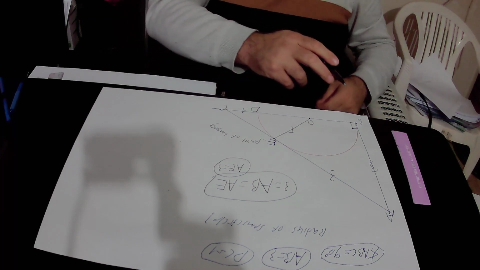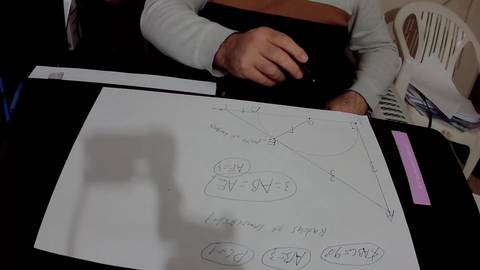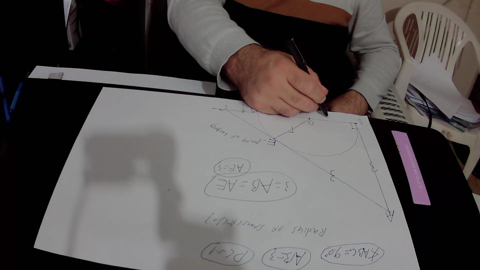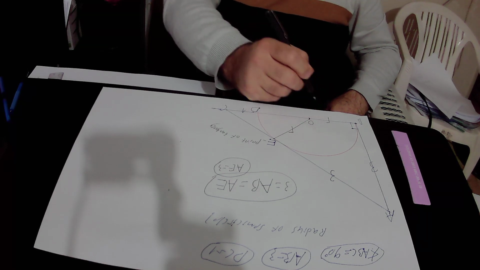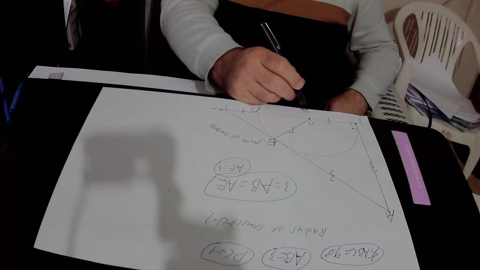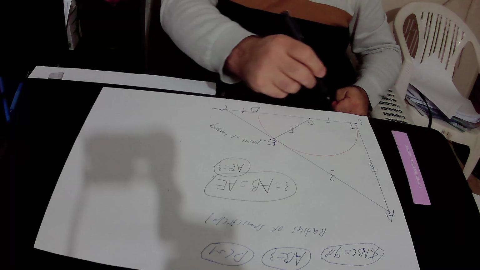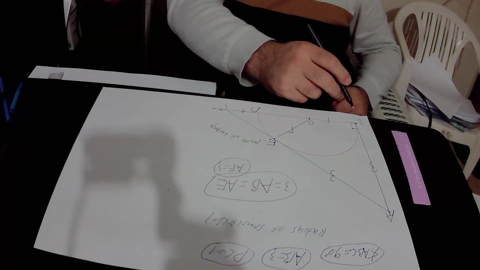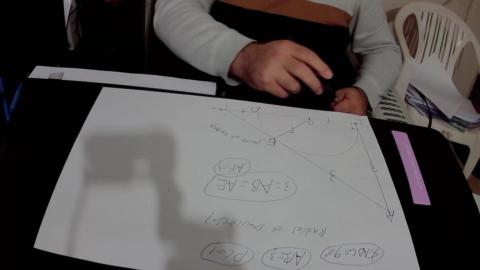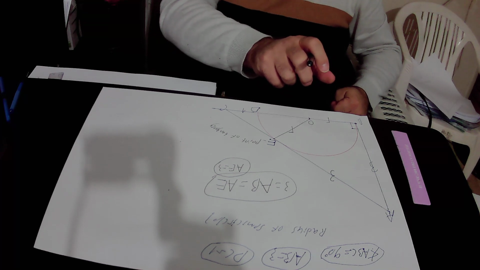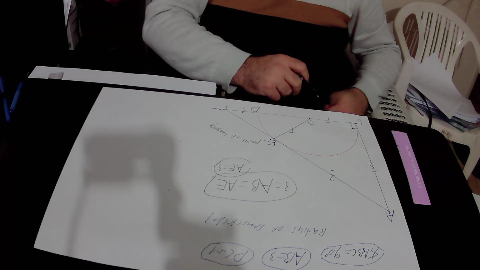Likewise, line segment BO is also the radius of this semicircle because line segment BO starts from point O, that is the center of the semicircle, and ends at point B, that is a point on the semicircle itself. Therefore, line segment BO is the radius of this semicircle.